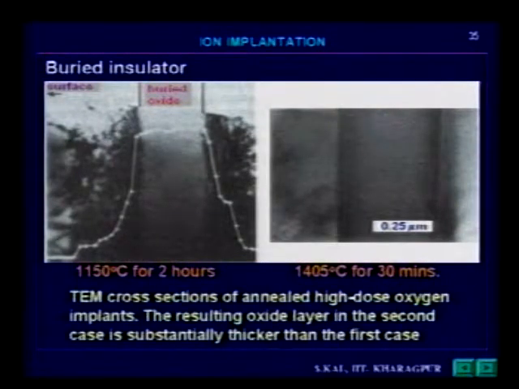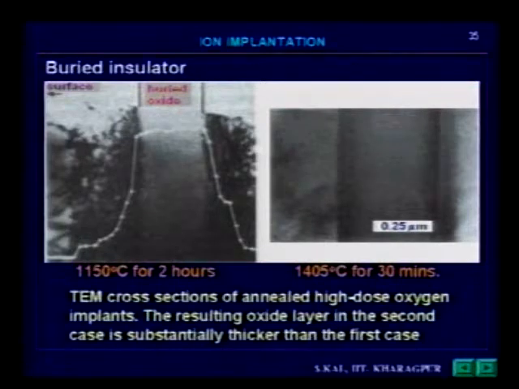If I want to have only buried oxide, we have to prevent implantation of metal. So no metal ion should go inside. But since in the implanter machine, the chamber, a lot of metals are there, maybe steel chamber, maybe other metal chambers, from those some of the metal ions will implant into the crystal.